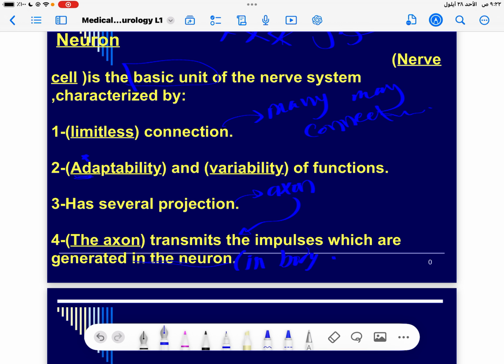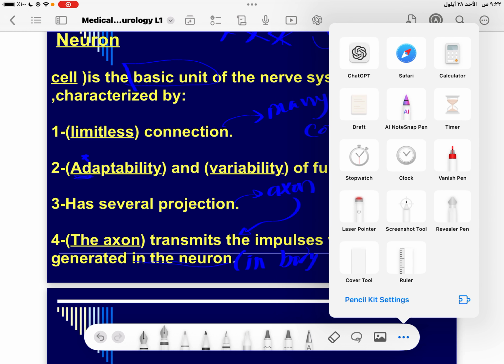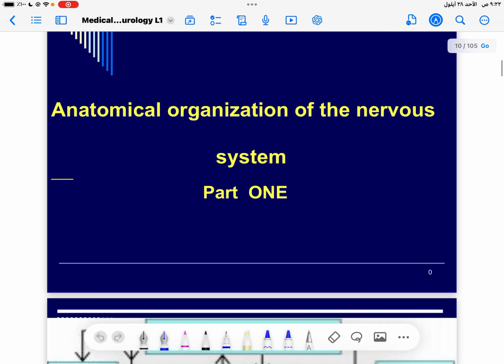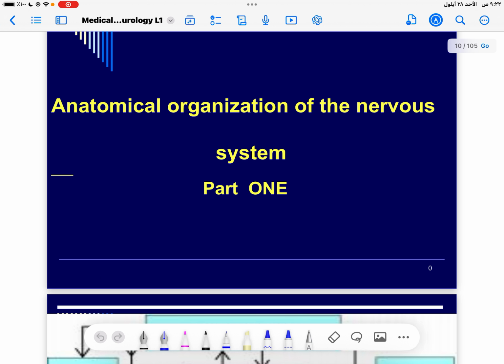Okay, how we organize the nervous system. You can imagine how the nervous system is organized. And this is very important, because if you have any disorders of the nervous system, you would like to know where about in the nervous system.